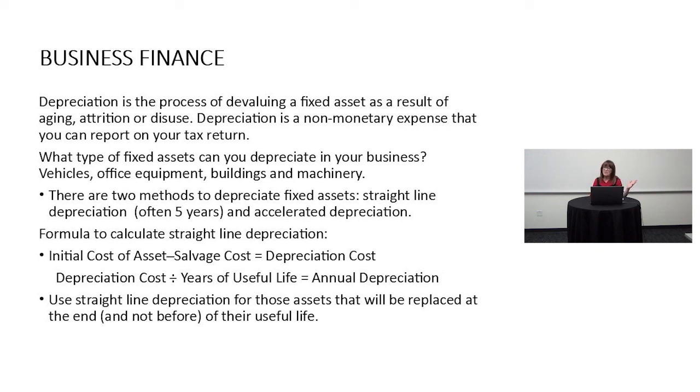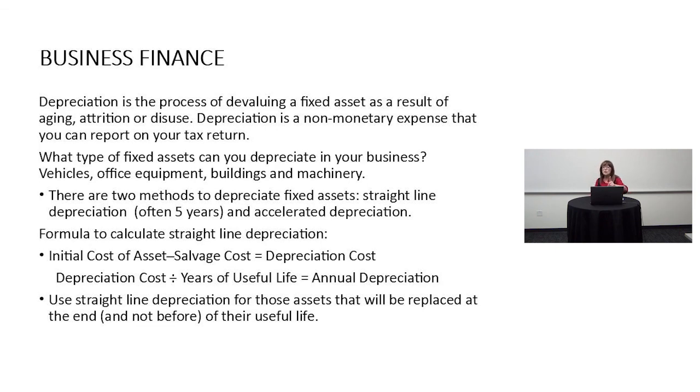So what type of fixed assets can you depreciate? The most common: vehicles, large pieces of a big new computer, some buildings, some machinery. Your accountant will help you set up depreciation schedules for those items.